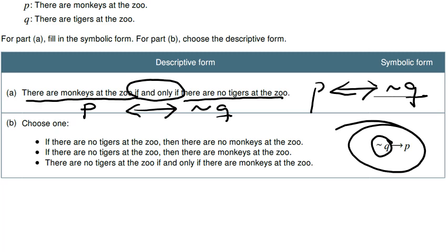Again, this is different than not Q implies P. So this is saying if there are no tigers, then there are monkeys at the zoo, right? No tigers, but monkeys. So it's the second one.